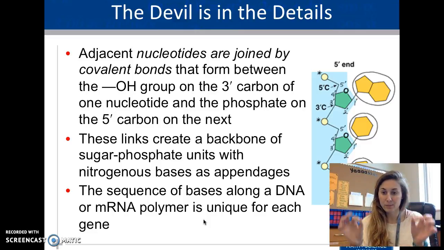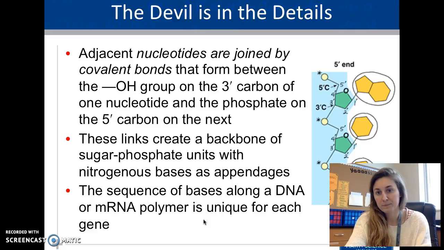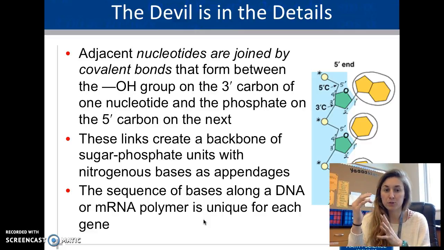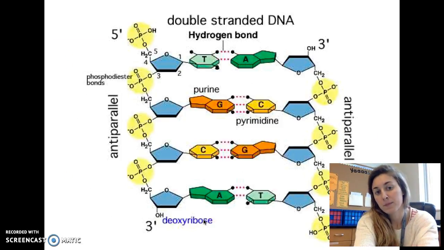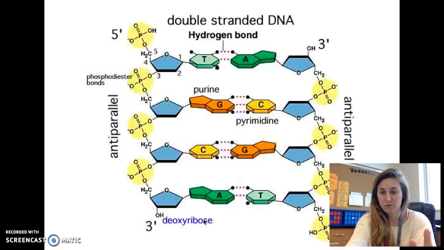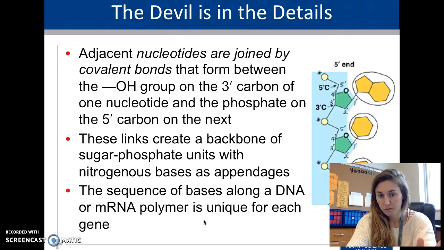If we look at the 2 backbones or the 2 sides of our ladder, if we look back, we have our amino acids in the center, we have the sugar ring, deoxyribose, and then we have our phosphate group on the very far ends. Basically, it creates a sugar phosphate unit that creates the sides of your ladder.